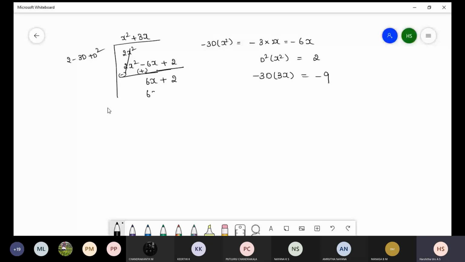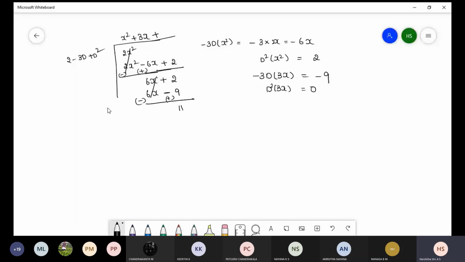First term here I will write 6x. Again in the second term minus 9. Third, D square of 3x is 0. So change the sign. Here I get 11. To get 11, what do I have to mention here? 11 by 2, ma'am.